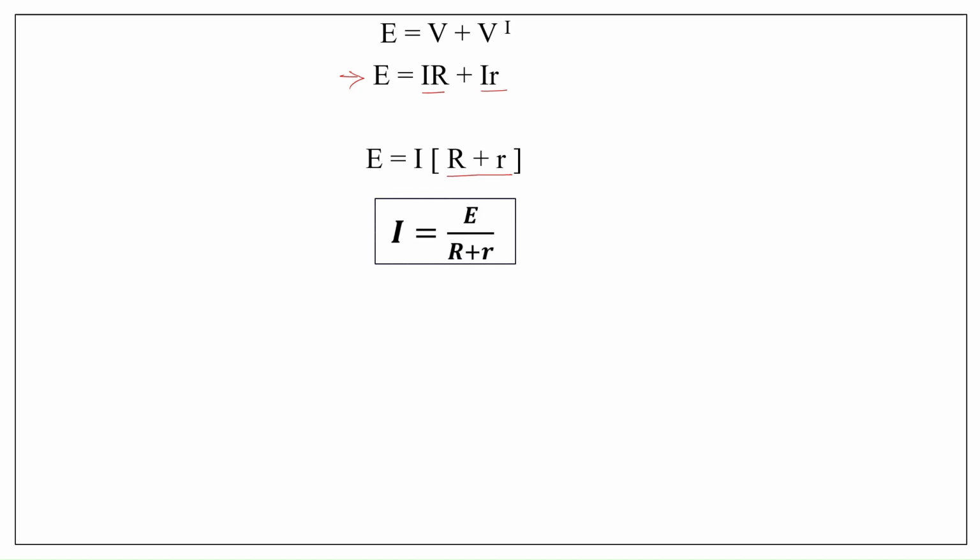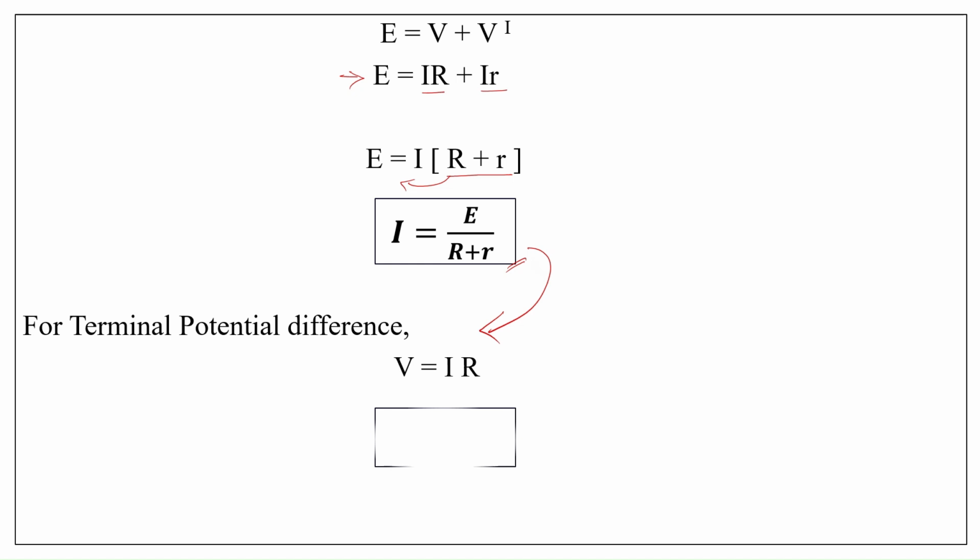On equating, I is equal to E by R plus small r. This is the expression for current through a simple circuit. For terminal potential difference, V is equal to IR. Substitute I value, we get V is equal to ER by R plus small r.